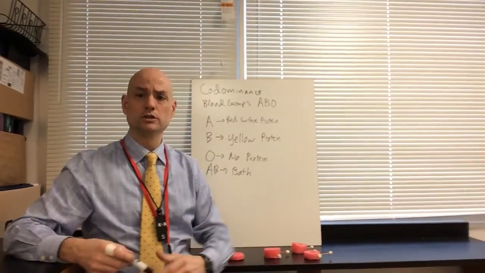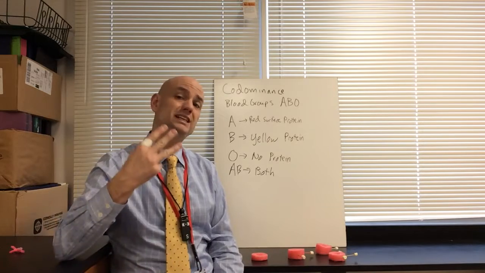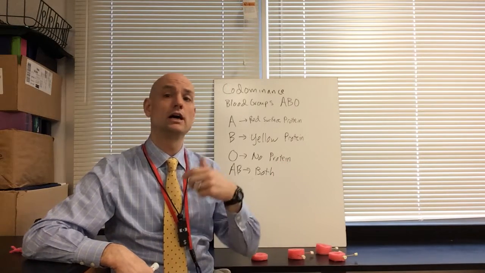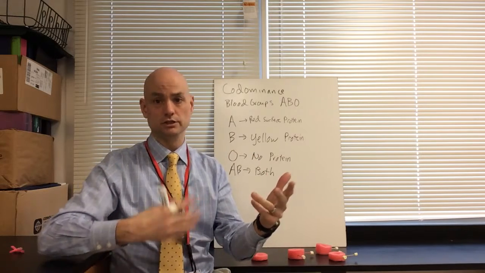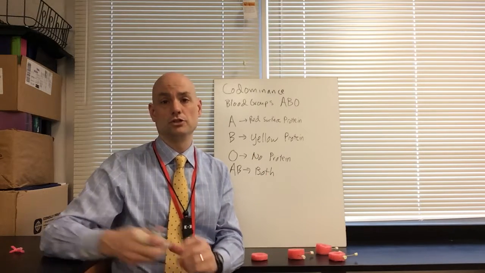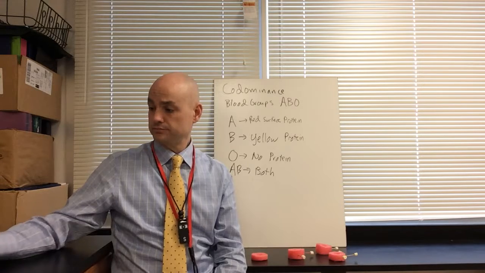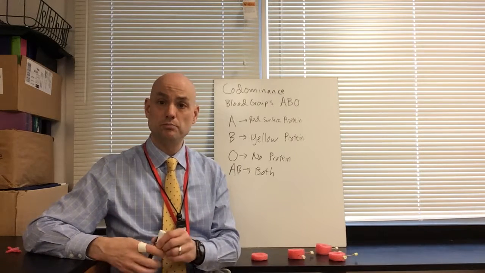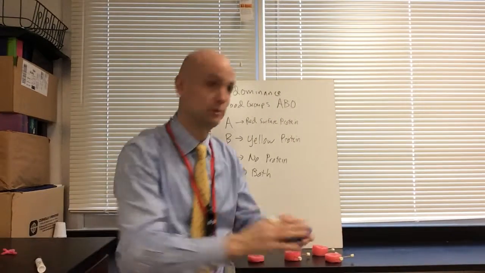All right, so it works like this. You've got three different alleles. You've got an A allele, you've got a B allele, and you've got an O allele, which is a lack of one. All right, so if we took someone who is A and crossed them with someone with B, let me show that possibility here.